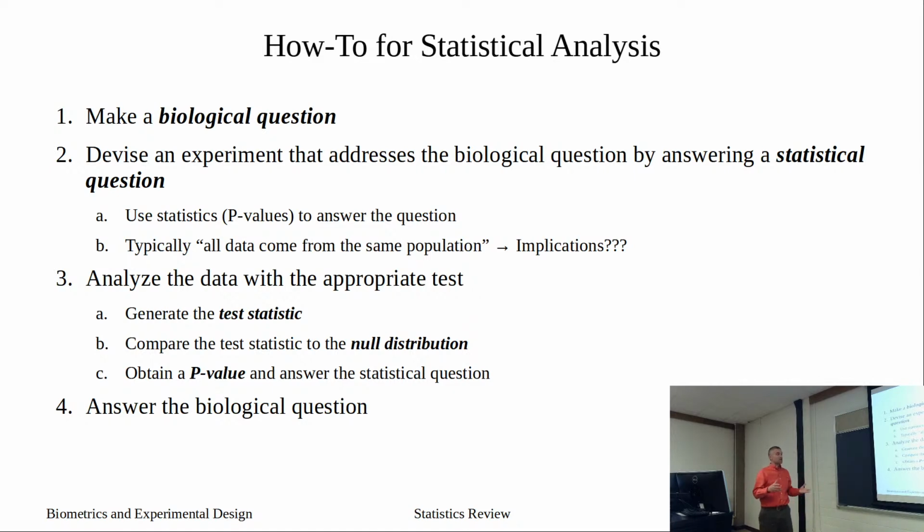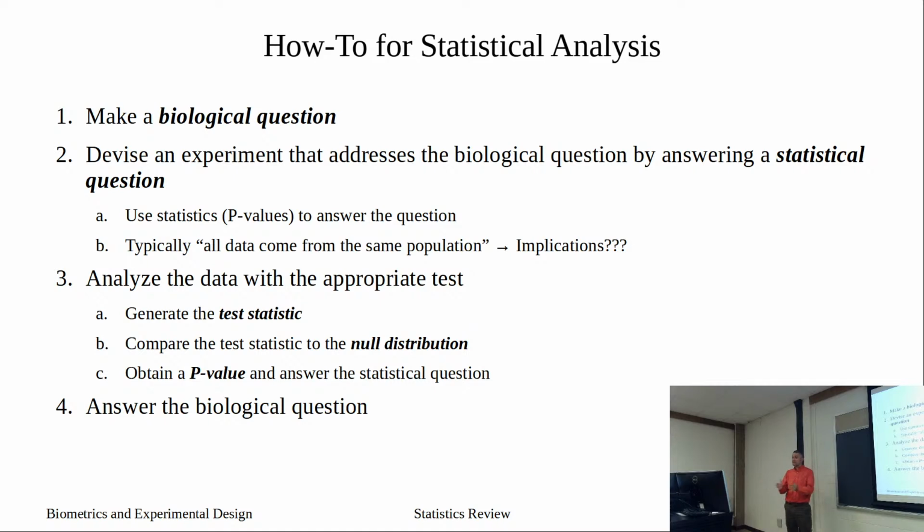Because our statistical question should be structured in such a way that we can use statistics to reject it. We can't really reject "is it more than the other?" because we don't know how much more. But we could say, is the frequency of visits to water equal to the frequency of visits to bare ground?